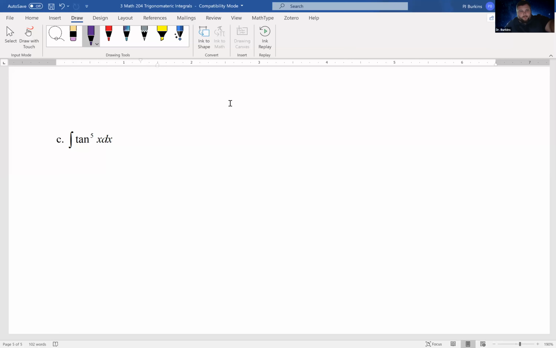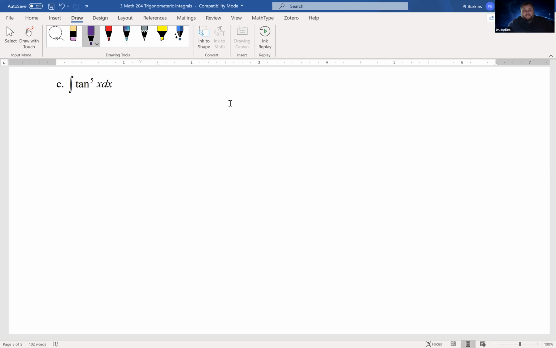Let's see. I'm trying to remember which one of these was uglier when it all played out. I guess let me try this tan to the 5th one here. So again, for secant tangents, we require that we have a secant squared or a secant tan that we can break off into du.